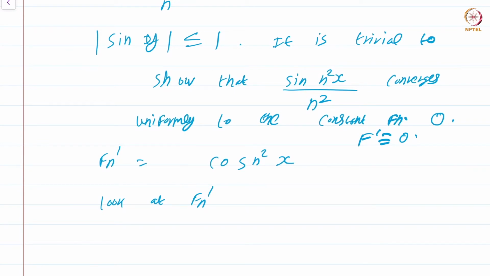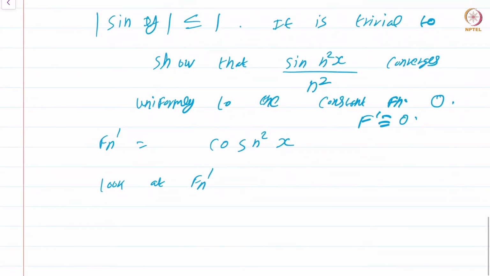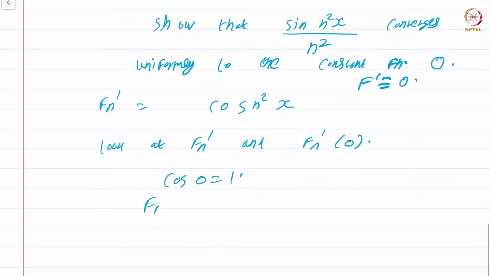Now look at fn prime and consider fn prime of 0. We all know that cos 0 is 1. So fn prime of 0 does not converge to f prime at 0.